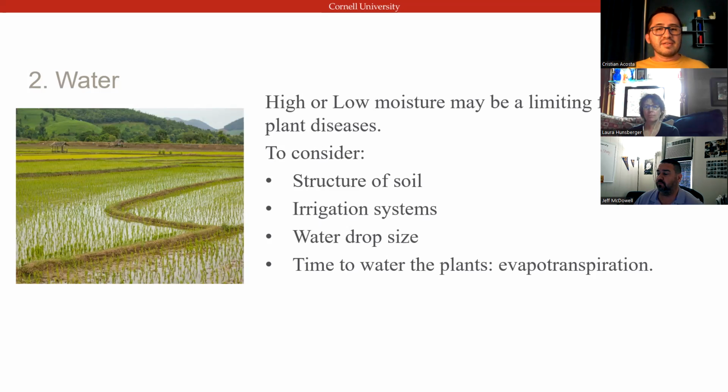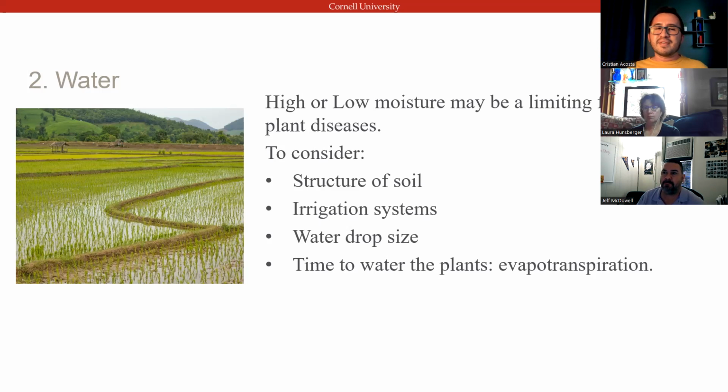So high or low moisture may always be a limiting factor for plant disease. It's something so simple that just with water management we can prevent, or even open the door for, microorganisms and diseases in the crop.